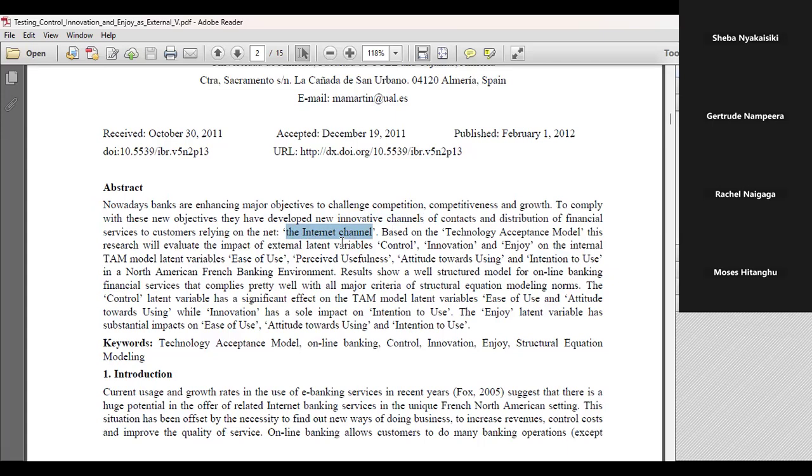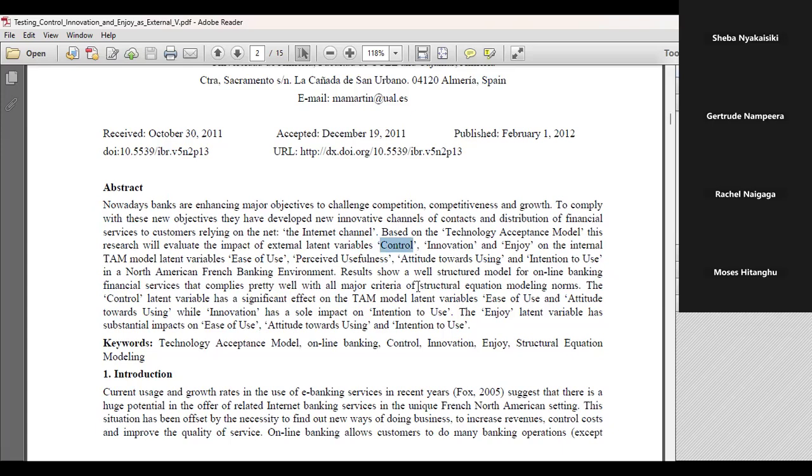So one can decide to do a research saying, we want to see the applications we have built, how are they, let's say, for example, you put control as part of the innovation. Control, maybe I would take it as security controls, security measures that you'd put. Take an example of some online banking tools.